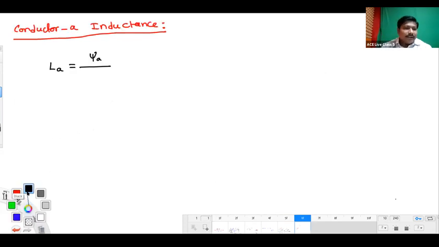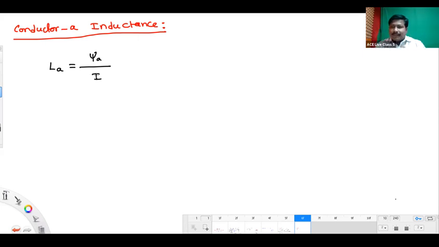So in the denominator, I will be keeping this I. So psi A by IA, or you can say it is simply current I. Now, listen. Yesterday, we talked about flux linkages in a conductor. We are dividing that into two parts. One is the internal, occurring inside the conductor.